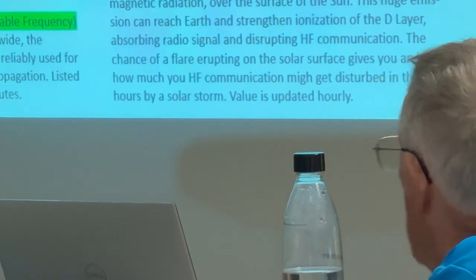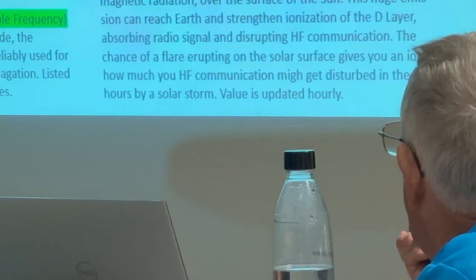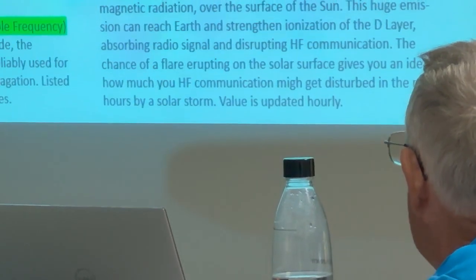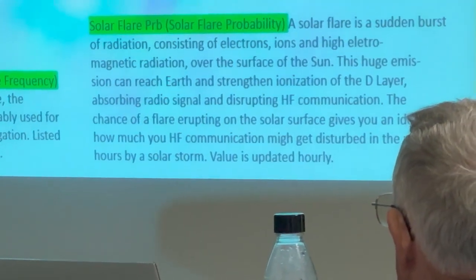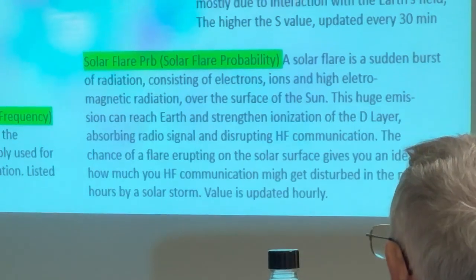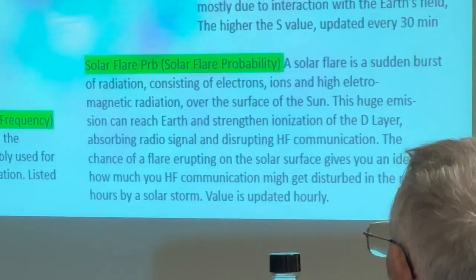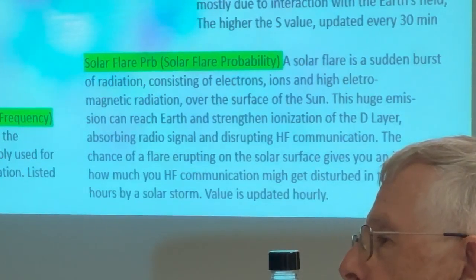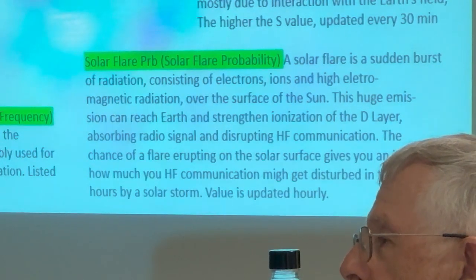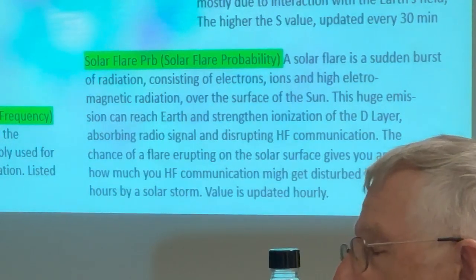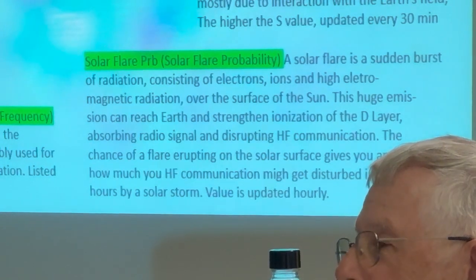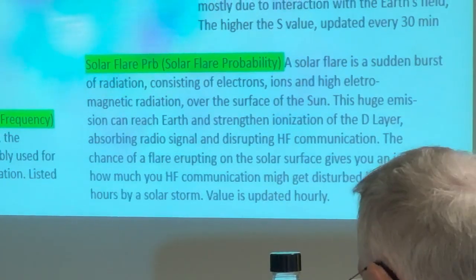And as I say, they have a solar flare probability of 55%, and when they start seeing these sunspots which have the numerous magnetic fields, that probability goes up.